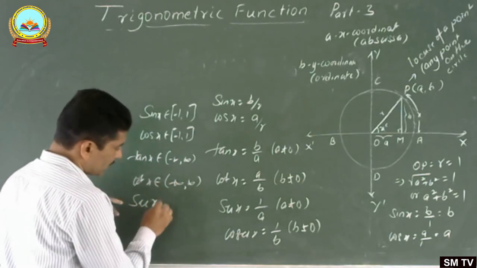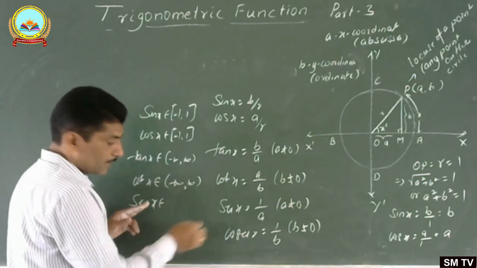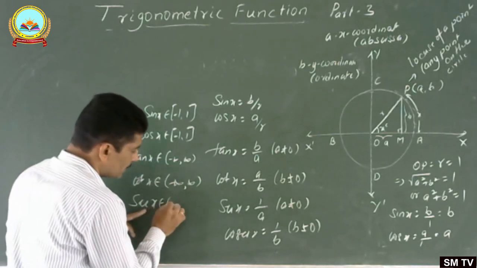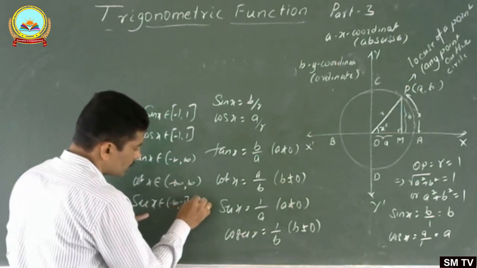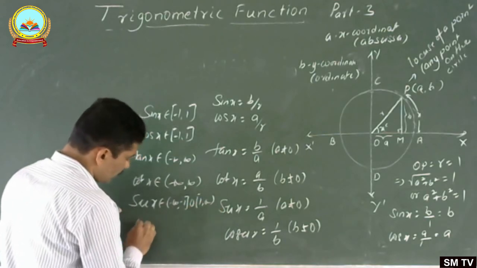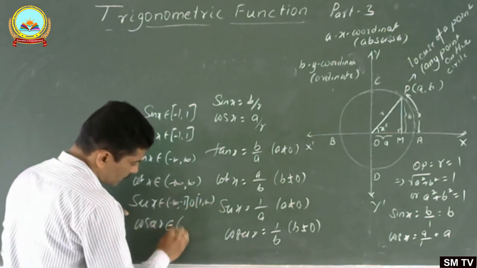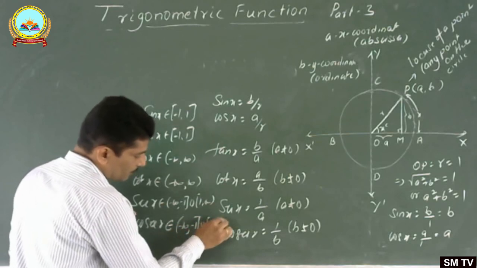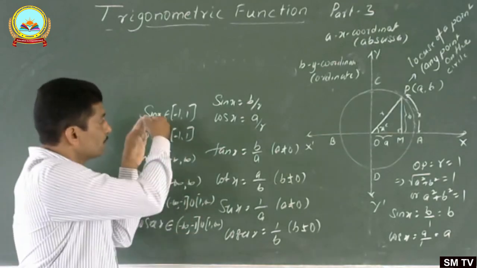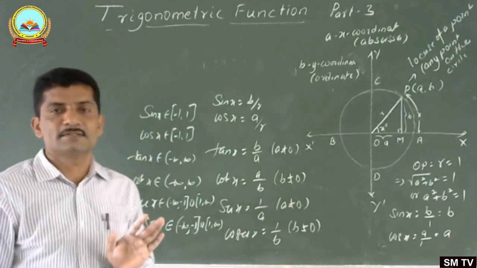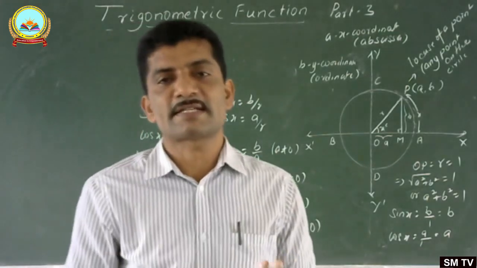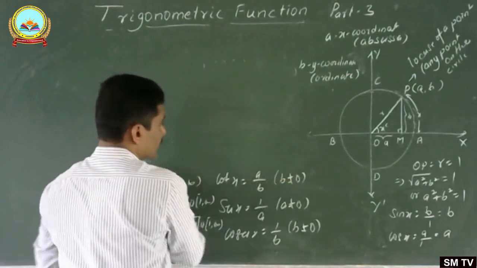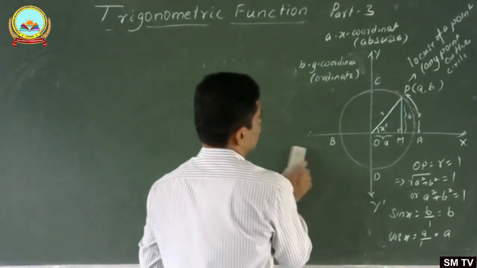The value of secant x belongs to the real numbers except the open interval minus 1 to plus 1, that is, minus infinity to minus 1 union 1 to infinity, and the value of cosecant x also belongs to minus infinity to minus 1 union 1 to infinity. These are the ranges of sin x, cos x, tan x. Remember, these are very important basic concepts.